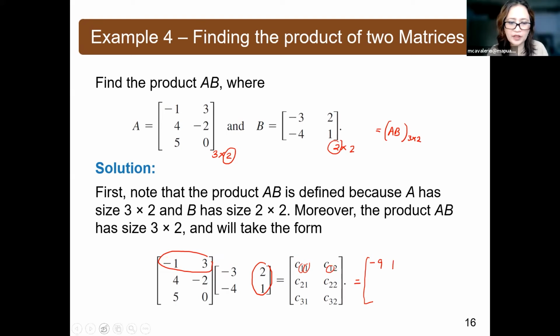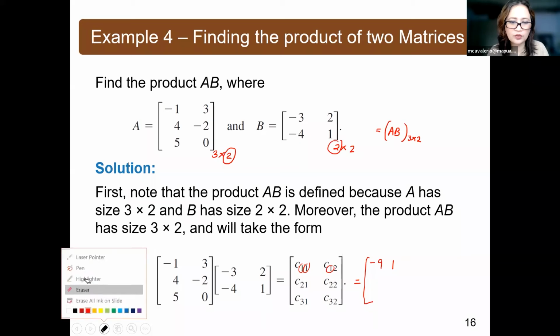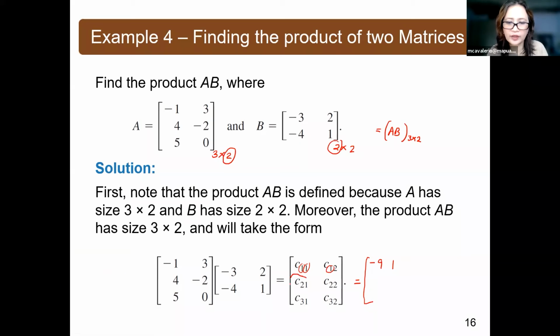So similarly, repeating the same process, we want to find C21. That means I'm going to multiply the second row of the first matrix with the first column of the second matrix. We have 4 times -3, that would be -12, -12 plus 8, that would be -4, right?